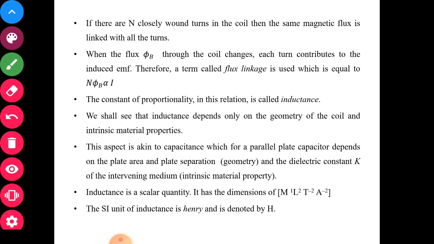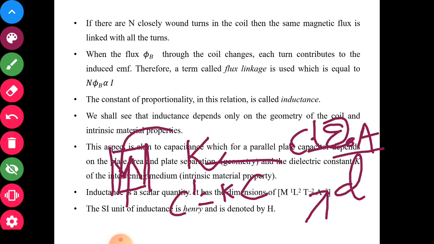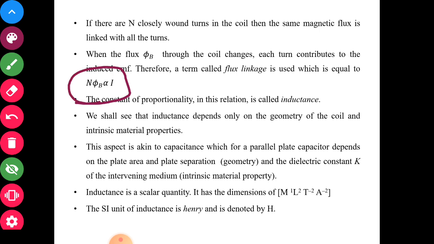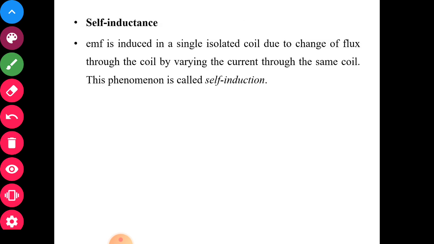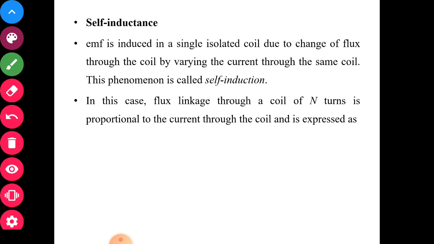As such, if you want to find the unit, it is Weber per ampere, because flux has the unit Weber and I has the unit ampere. That constant which you are keeping here is the inductance. Inductance is Weber per ampere, but in the memory of the scientist Henry, it is taken as Henry. Now we talk about self inductance.